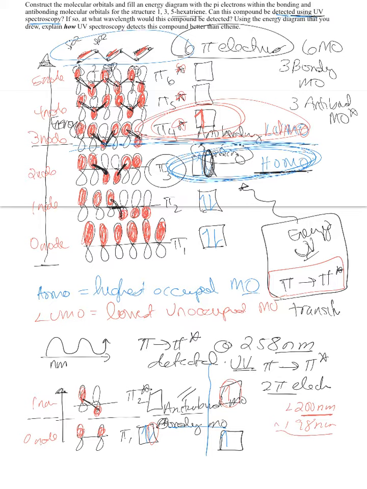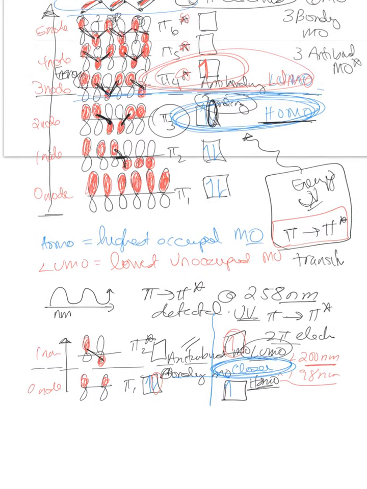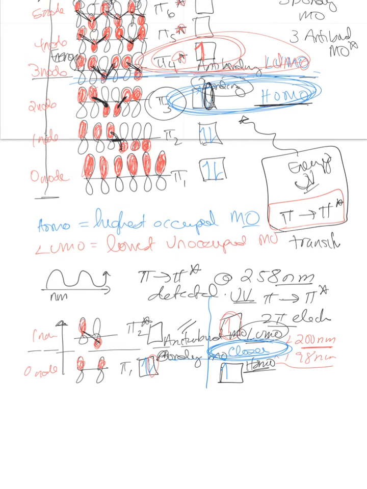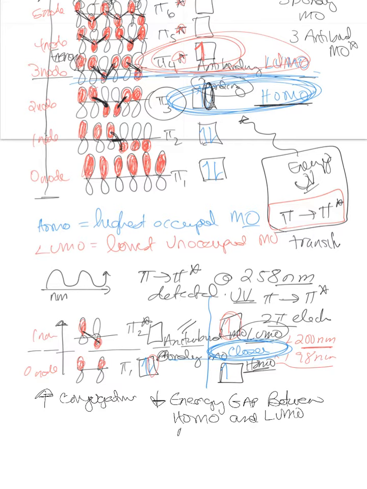And the reason why is you have to look at your HOMO, your highest occupied molecular orbital, with your lowest unoccupied molecular orbital. And this energy gap here is closer. Okay, this is a closer energy gap than here. So in conjugated systems, if you increase conjugation, then you are decreasing your energy gap between your HOMO and LUMO molecular orbitals.